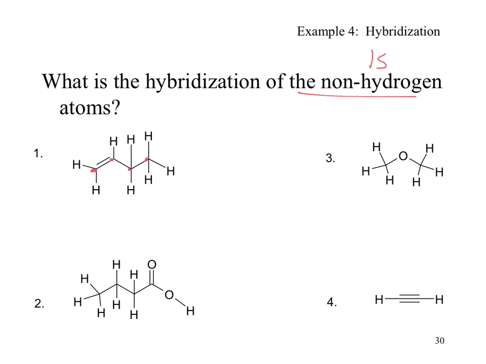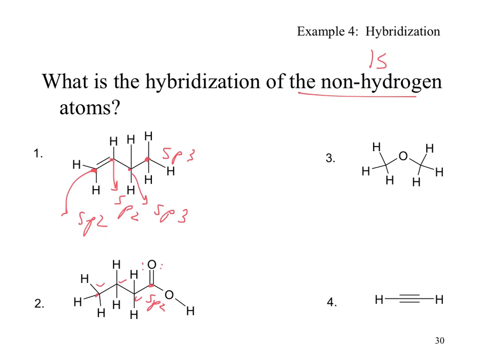All you have to see is whether carbon has a double bond, single bond, or what. Since carbon has a single bond, this will be sp3. This will be sp3 again. This is a double bond, so that will be sp2. This is also a double bond, so that too will be sp2. Likewise, the second one: sp3, sp3, sp3, and that's a double bond right there, so that will be sp2.